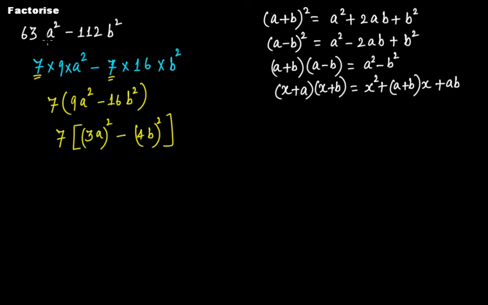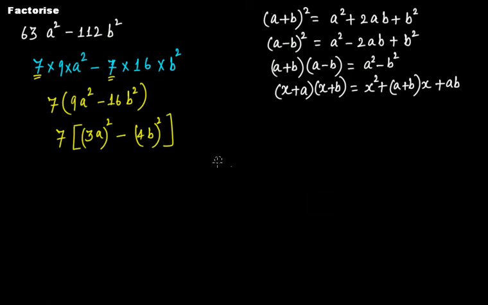Like this is 63a squared. You cannot write 63 in the form of something squared. 8 times 8 is 64, 7 times 7 is 49. There is no square root of 63. That's why we took out 7, the common factor.